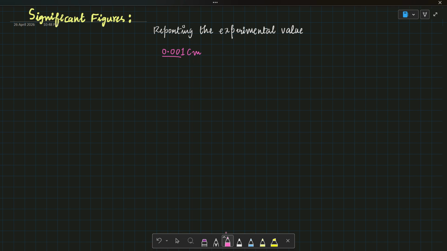If we measure a value and report it like this, 2.3045, you know that this is the precision of the instrument. You cannot measure more accurately than this. Whatever the precision of the instrument, you cannot measure more accurately than that.